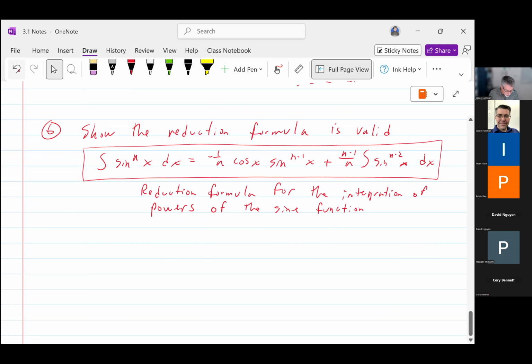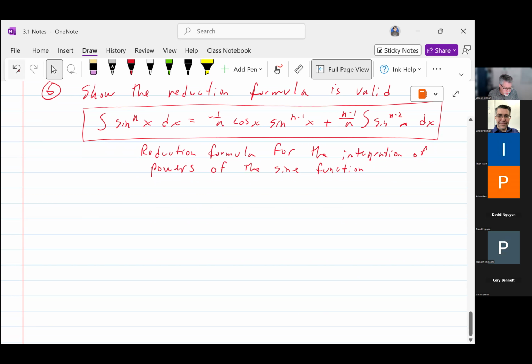Okay, so let's show that we can do this using integration by parts. We're going to take the integral of sine of x to the nth power dx. What I'm going to do is break off a sine.